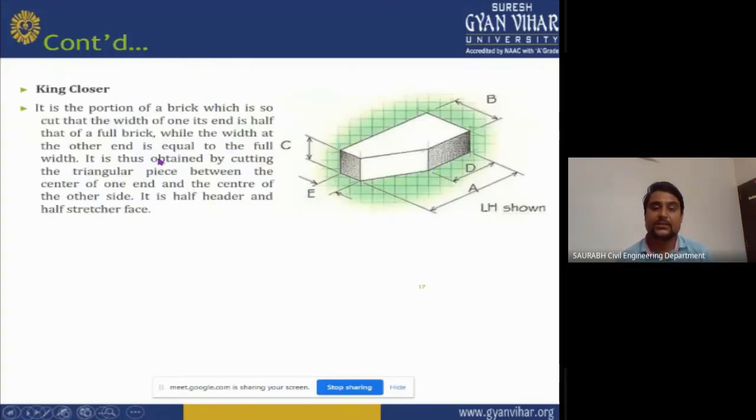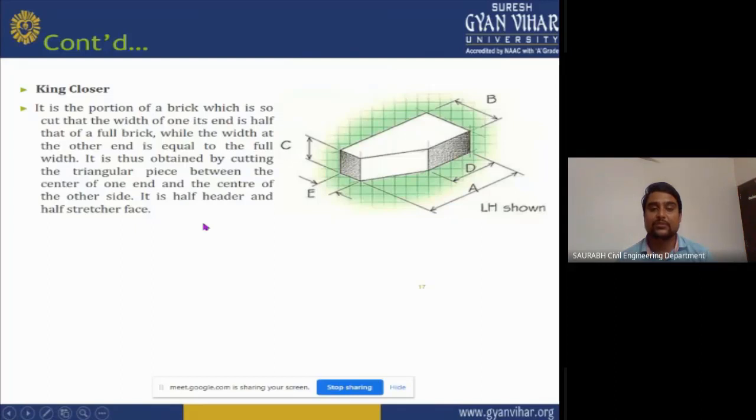Now we will see king closer. What is the king closer? As you can see in the image, this is cut diagonally from one side to another side. It starts from header and it finishes at the stretcher. Now you can see the definition of king closer. It is the portion of brick which is so cut that the width at one end is half that of a full brick, while the width at the other end is equal to the full width.